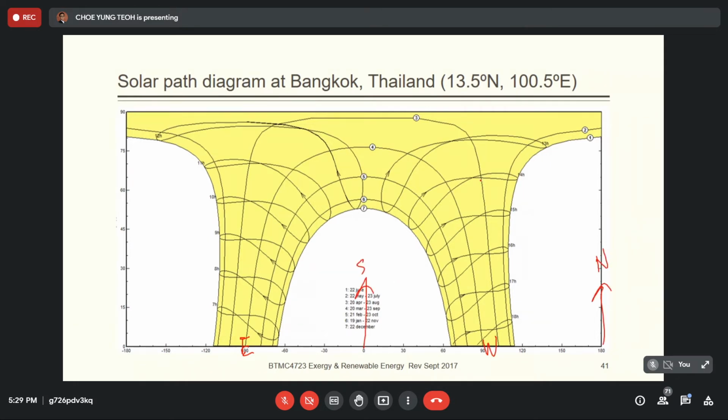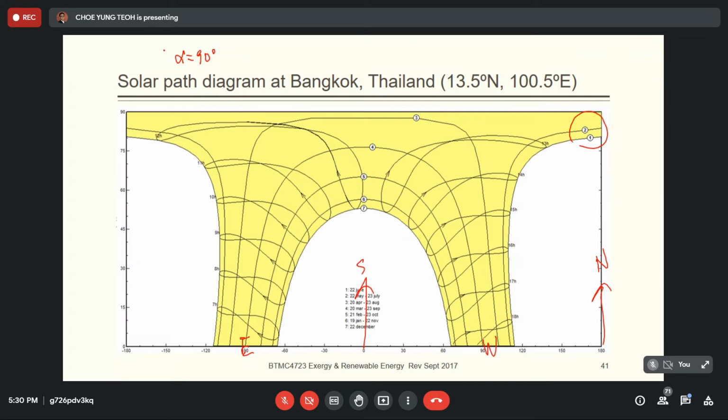And you can see that there are fewer lines on the north. There are only two lines, 1 and 2, and 3, 4, 5, 6, 7 are on the south. So when your location is further north, there are more days the sun will pass through the south of Bangkok. Makes sense, right? And then let's say I want to know when I have the subsolar point, alpha equal to 90 degrees.